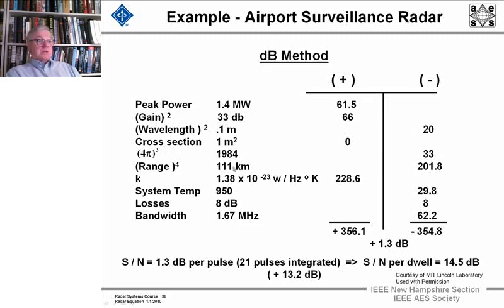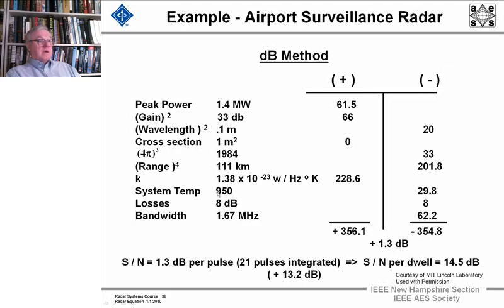The range, which is a big number, in kilometers, 111 kilometers, so you've got to multiply that times 1,000. But we've got to take the fourth power of that, and that's on the bottom, the denominator, so that's 201.8. Boltzmann's constant is a large negative number, but that's on the bottom, so it comes on the plus side when we take it in dB units.